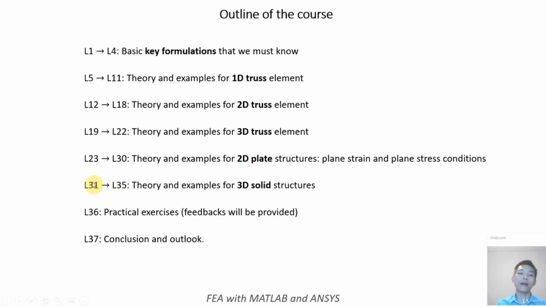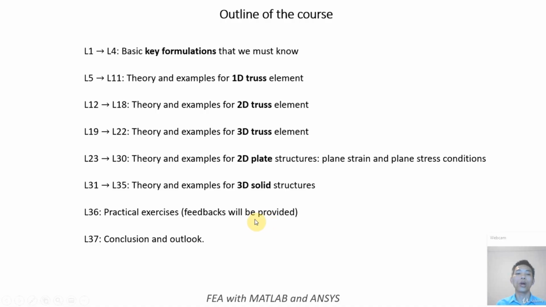And then after that we jump to the 3D structure from lecture 31 to 35. The theory, key formulations and examples for 3D solid structures are presented. And after that, to summarize all the content of the course, a practical exercise will be given in lecture 36. Of course, feedback will be provided upon your request.